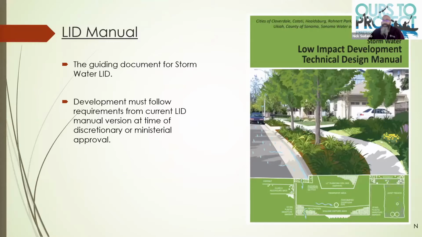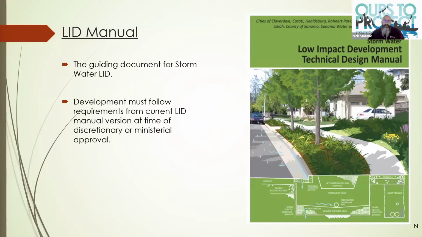Our current LID manual is the one that you're looking at now. This is a guiding document for our stormwater low impact development. And this is really your design criteria. If you deviate from this, it's going to require an exemption or an exception from the board. And really the way that you would end up figuring this out is that we actually have a design manual starting all the way back from 2005.